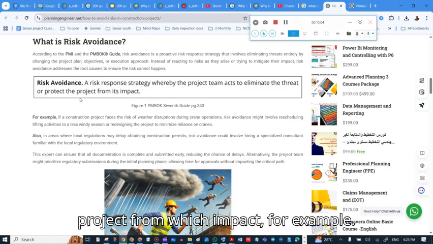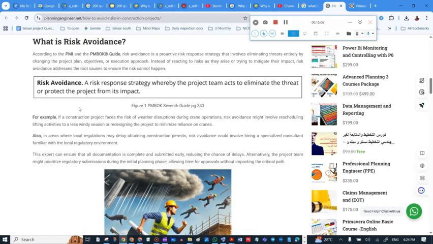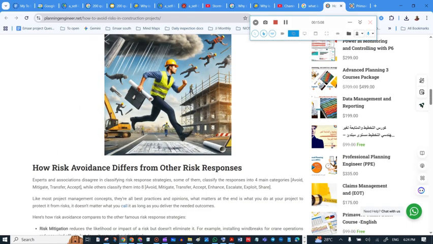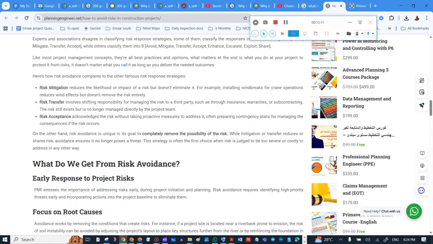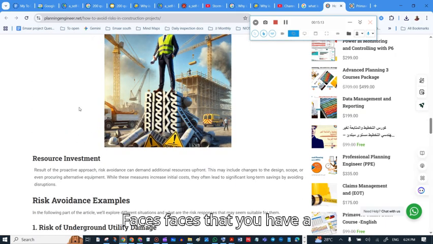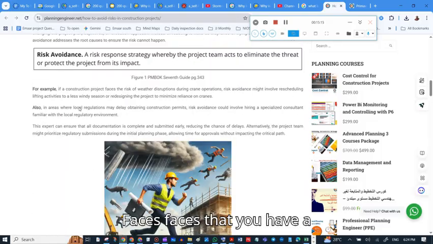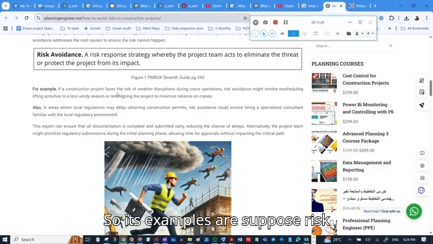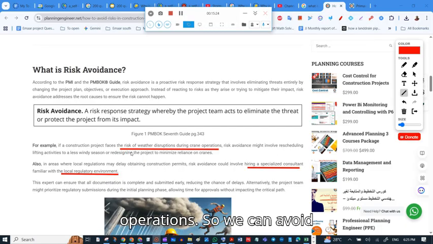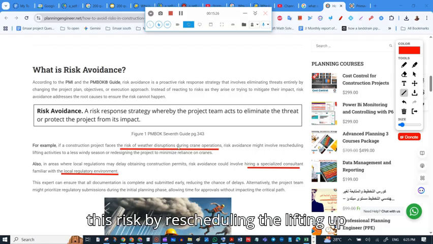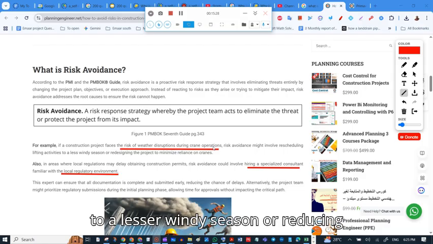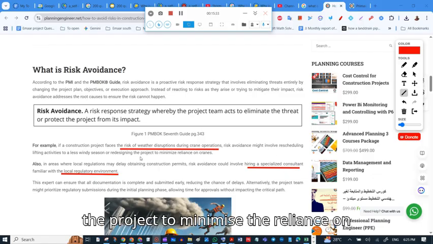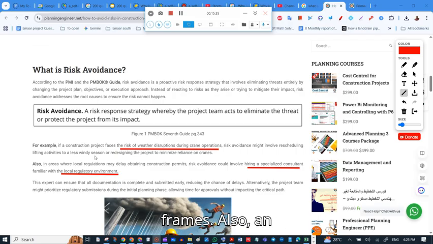For example, suppose you have a risk of weather disruptions during crane operations. We can avoid this risk by rescheduling the lifting operation to a less windy season or reducing the project's reliance on cranes.